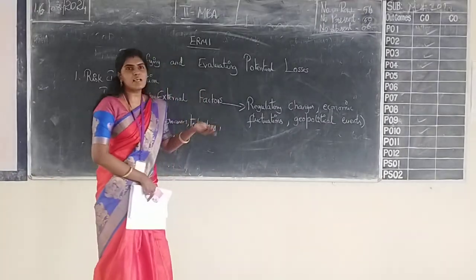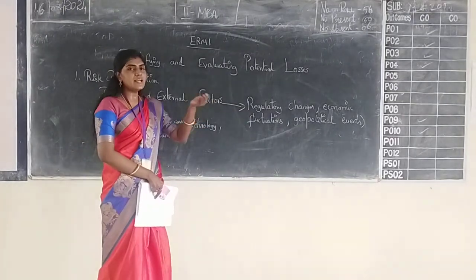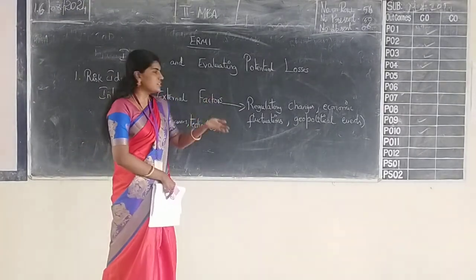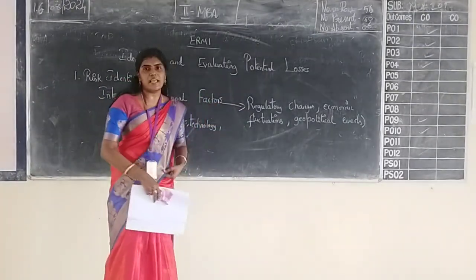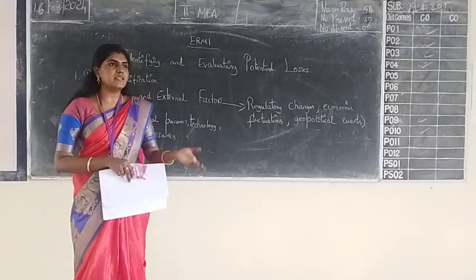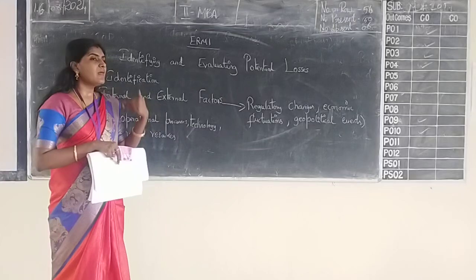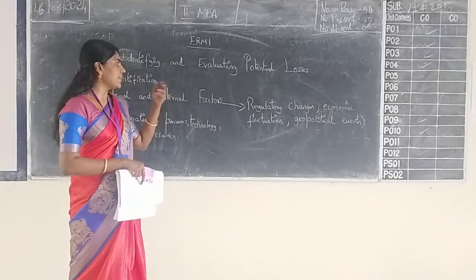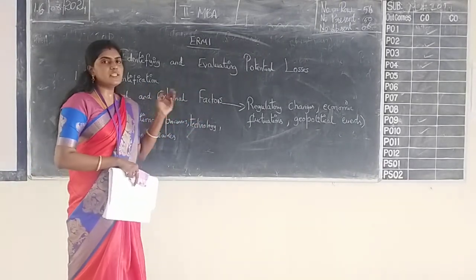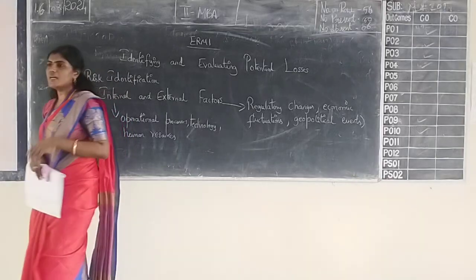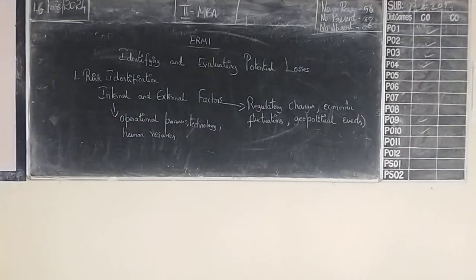Okay, so next the external factors. What are the risks we have to identify from outside? That is the regulatory changes. If the market changes, technology, environment, these come from the outside. That is the regulatory changes, economic fluctuations and geopolitical events. So these are the external factors.